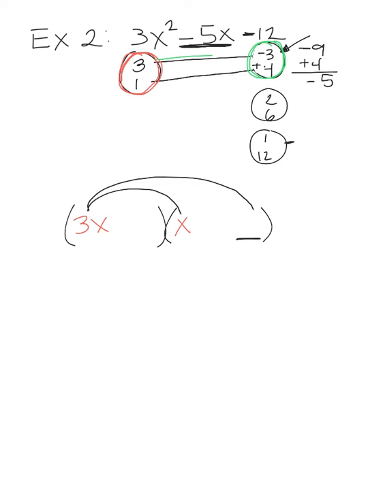So since I want 3 times negative 3, I put my negative 3 in the back there, ready to be distributed by that 3. Now I need 1 times a positive 4, so I place my positive 4 so it gets multiplied by that 1x. And then, just double checking mentally, we can double check by foiling.